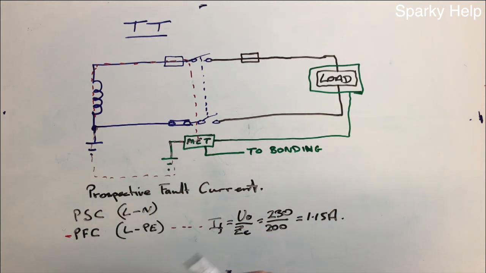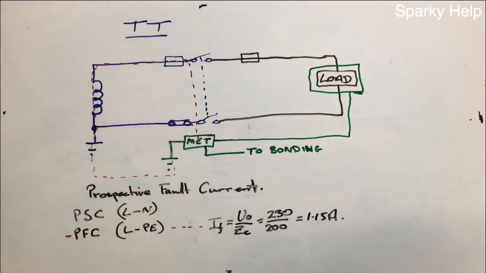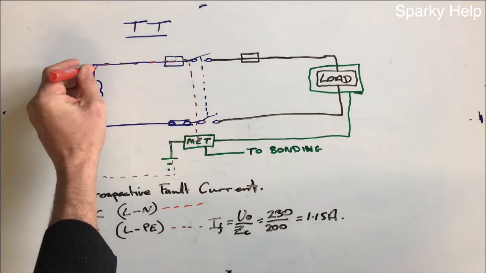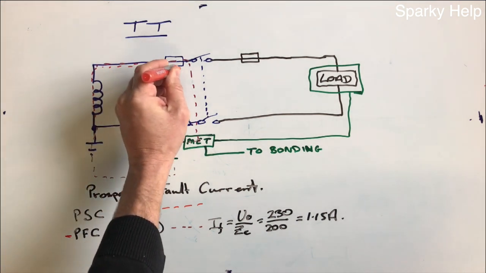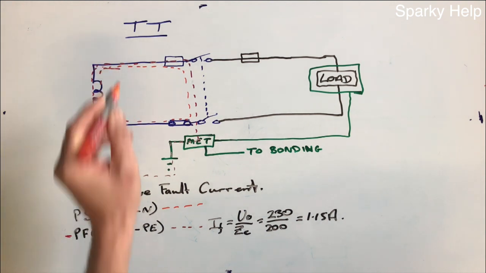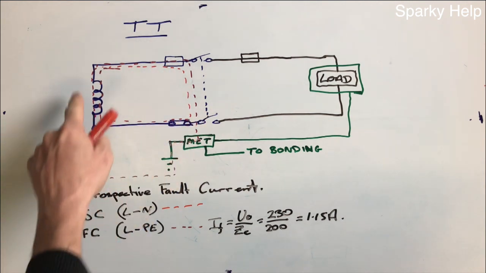But obviously the test sheet requires the biggest fault current, which would be the line and neutral, where the fault current is likely to be. That one we'll put down as an orange dotted line if we can see this. So this is going to do a fault current around this path. Typically we don't tend to measure the impedance of this thing here.